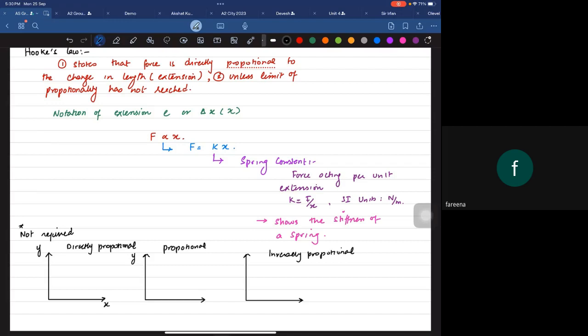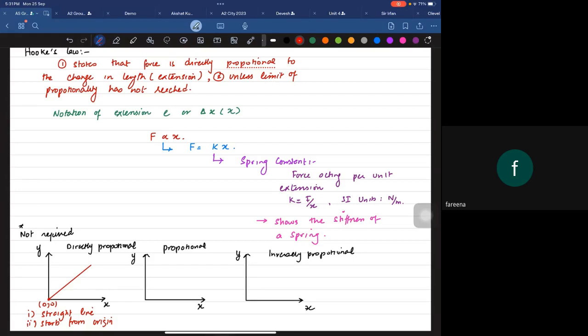Suppose there's a quantity y and x, and we're building a relationship around them. Directly proportional means that the graph line is going to start from the origin always, like 0 and 0, and it would be a straight line, right? So this is something that you guys need to remember. It is going to be a straight line and starts from the origin. So automatically, if something says directly proportional, you should remember that.